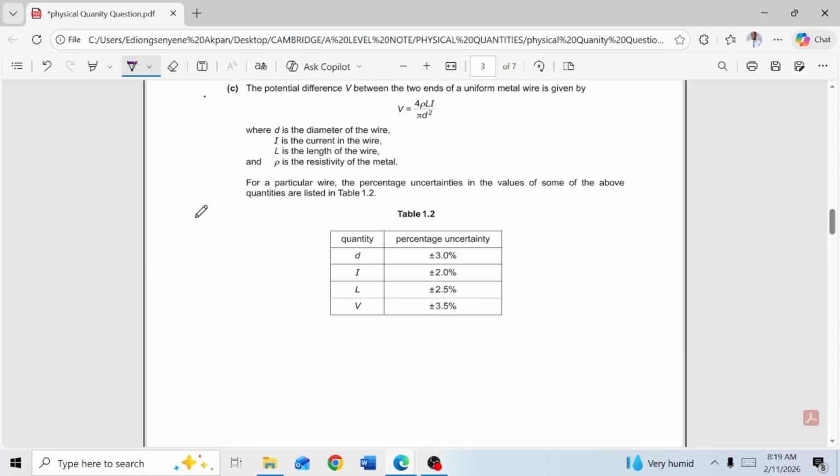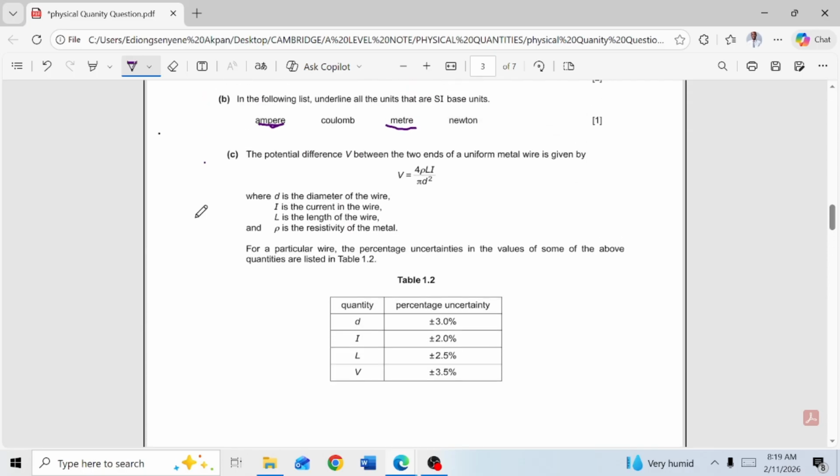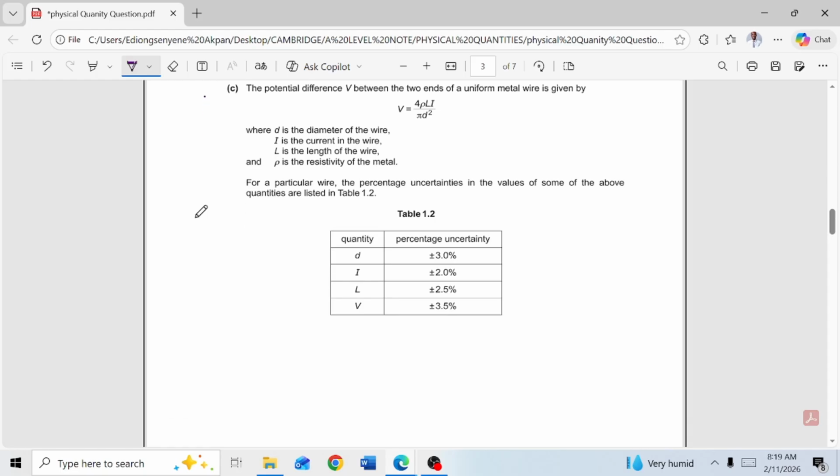Now, when calculating percentage uncertainty, first you will look at the equation given to you. So make the density the subject of the formula. That will give us V pi d squared over 4Li equal to the density.